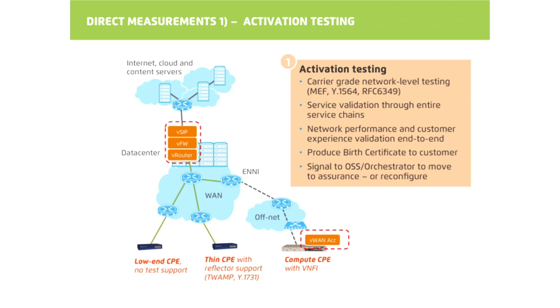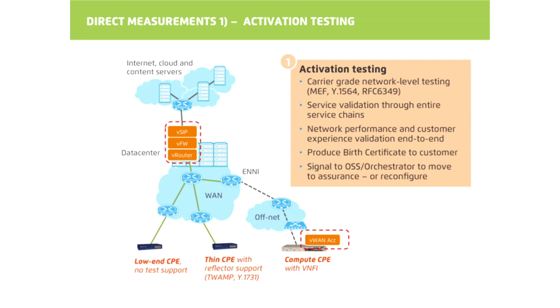This activation does not only include carrier-grade network level measurement, but also tests through the service chains, all the way from the CPE and traversing the chain of VNFs in the data center. By doing this, we also provide a signal to the orchestrator whether or not it's okay to move over to assurance, or perhaps reconfigure or redeploy if something fails.